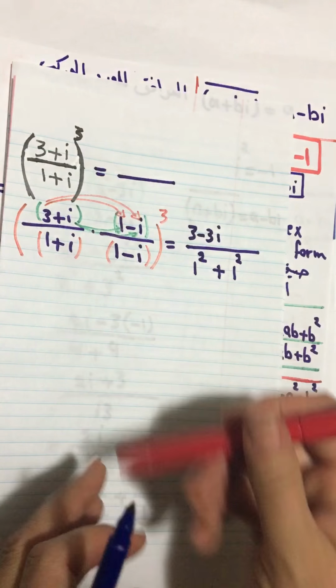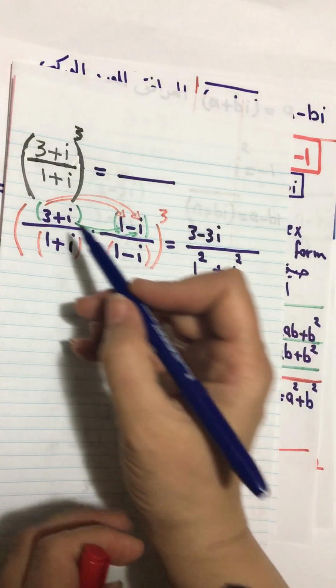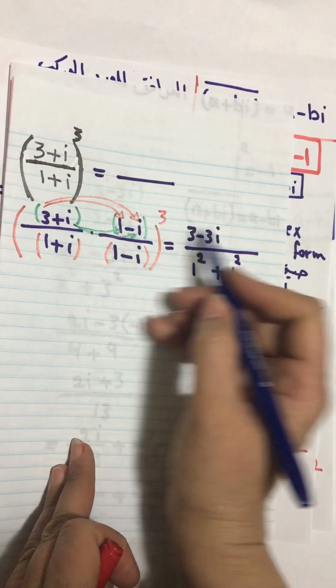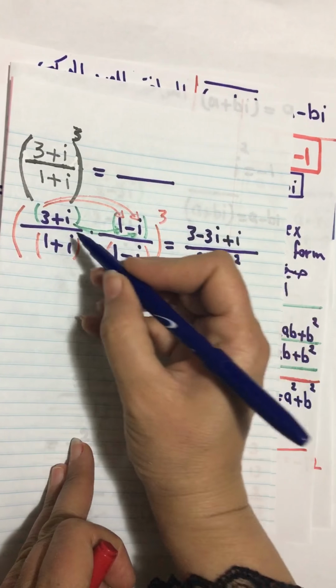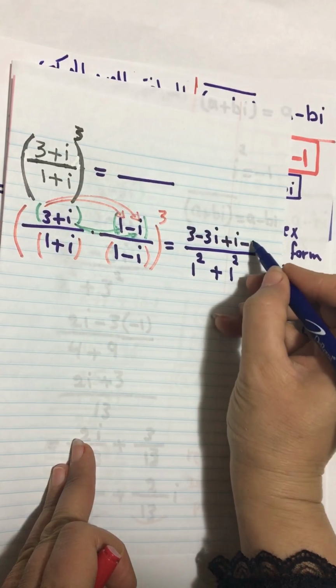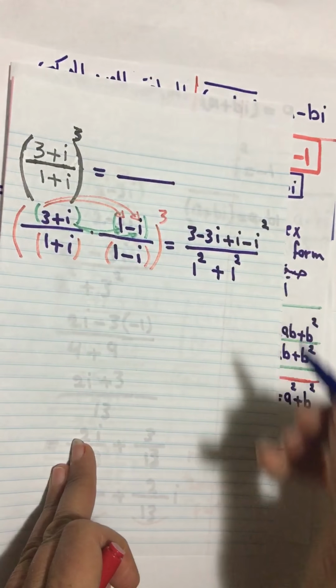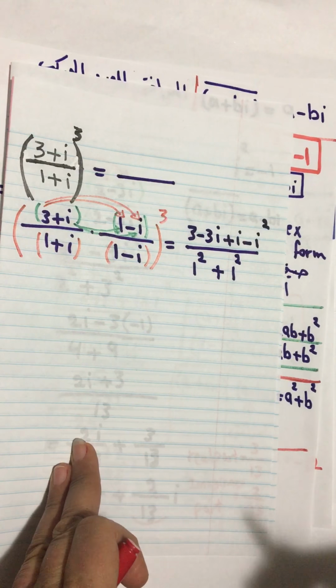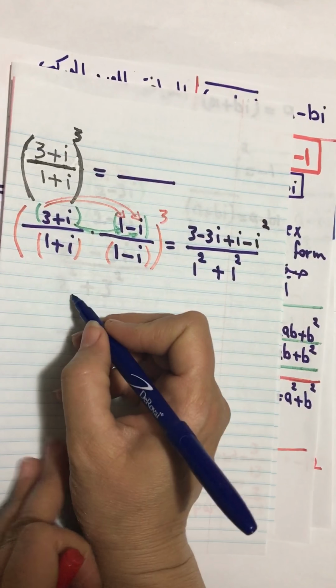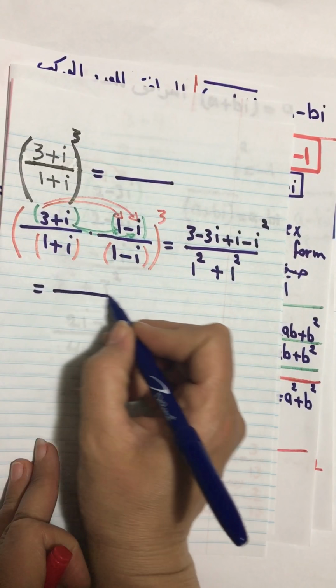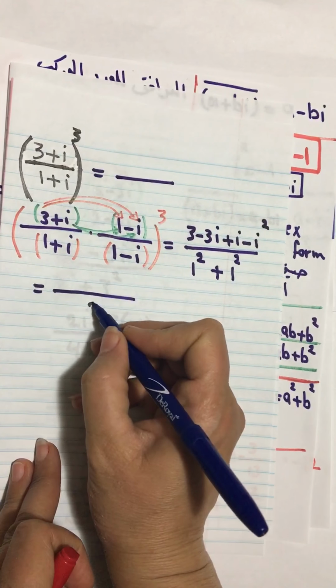So i times 1 plus i times negative i, minus i square, equals 1 plus 1, which is 2.